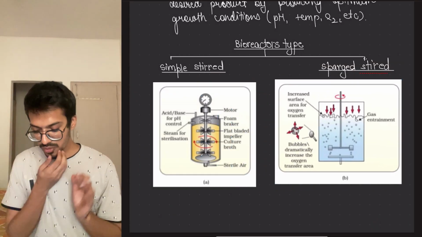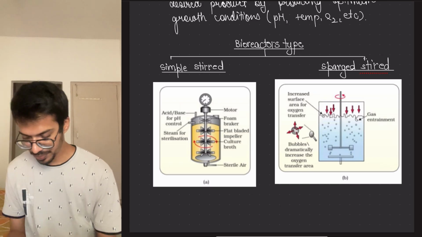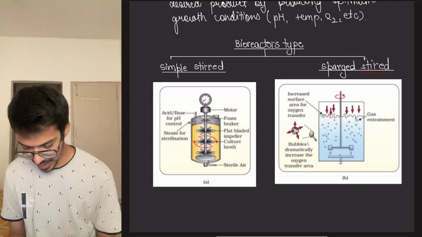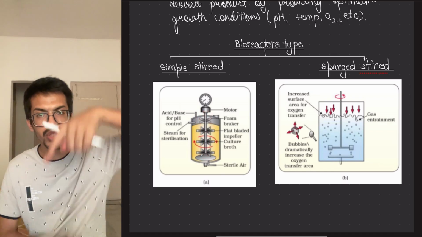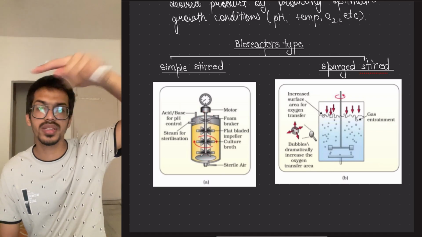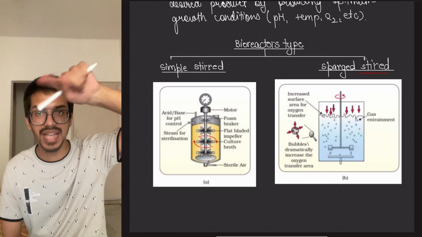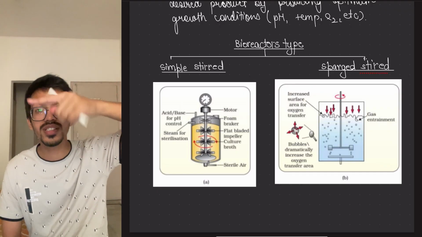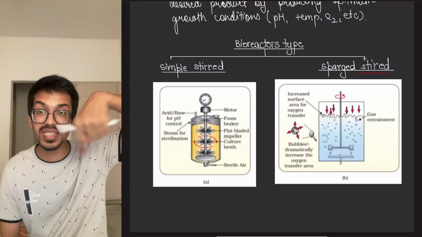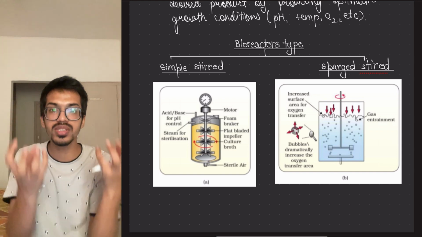Can you see the first one, the simple stirrer? In the simple stirrer, what is happening? There are blades present, just like your mixie or the mixing juicer. It keeps on stirring, circulating the substances so that the substances don't keep on settling down.